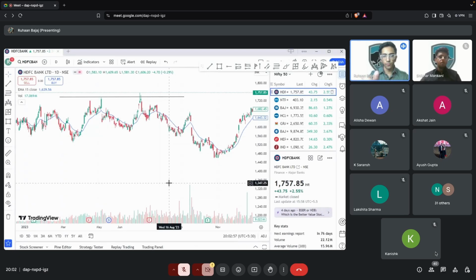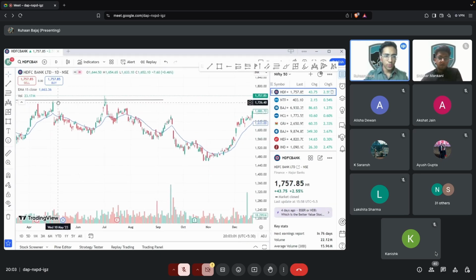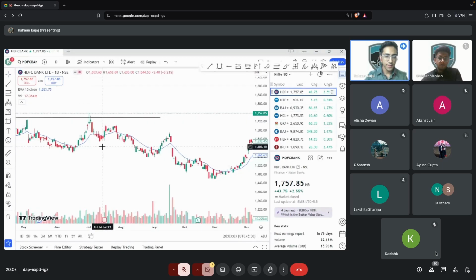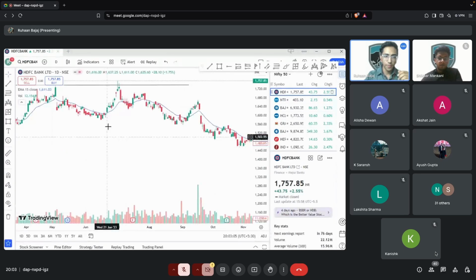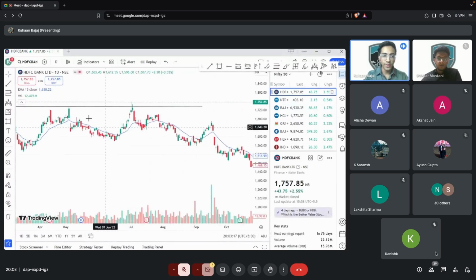And additionally, something different from the presentation we have prepared is what you see here: the stock price consistently moving up. It is not stopping. It is not taking a halt. This is also an indicator that the buying may be exhausted here, because there are always sellers.